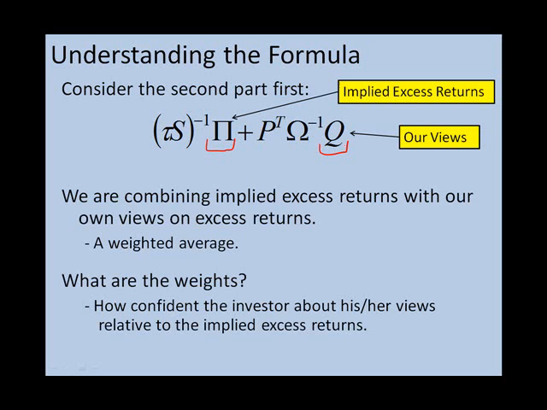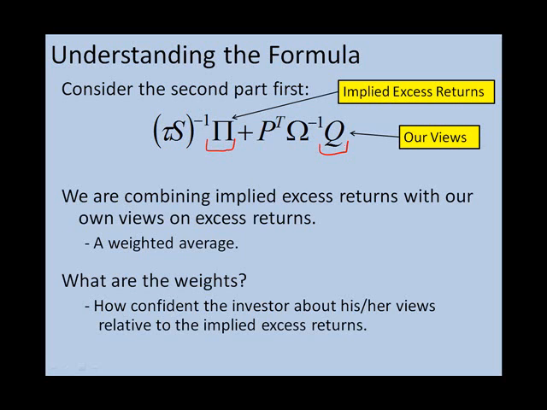Essentially, we're calculating a weighted average of the implied returns and our views. The question is, what are the weights? And the weights are how confident the investor is about his or her views relative to the confidence with which we estimate the implied excess returns.